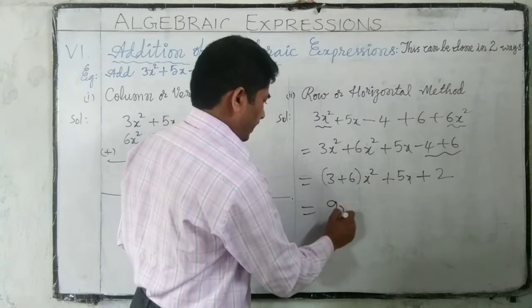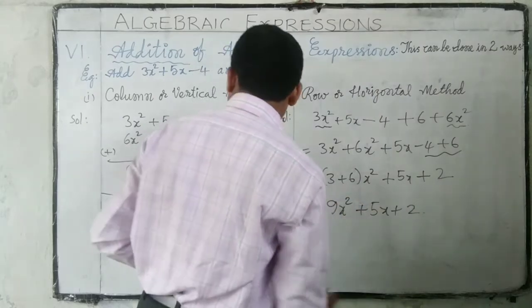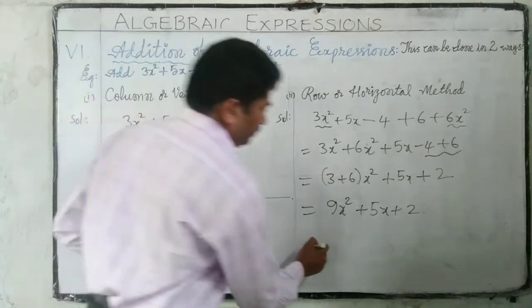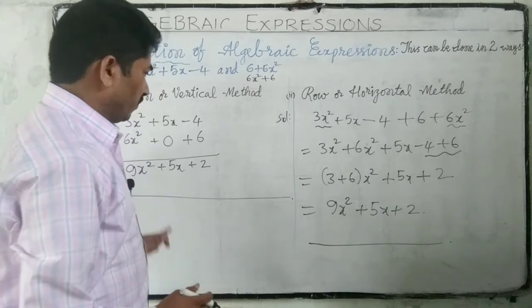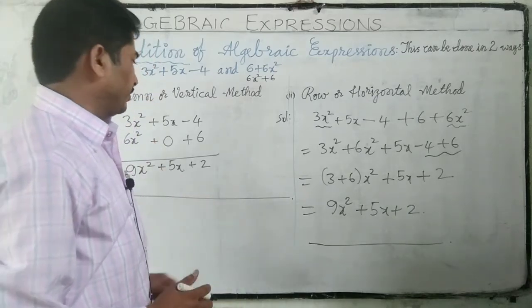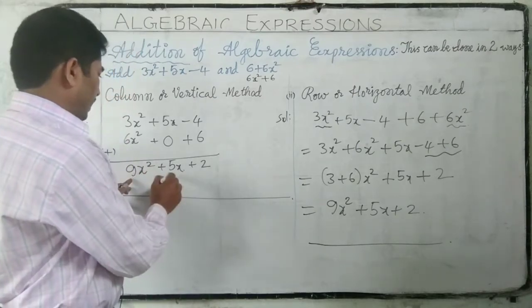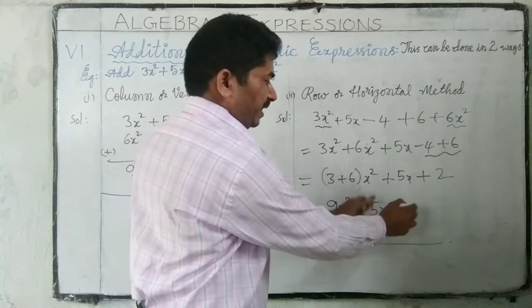Here 9x square plus 5x plus 2. If we observe these two results, we can understand in both the ways we got the same answer. So 9x square plus 5x plus 2 is equal to 9x square plus 5x plus 2.